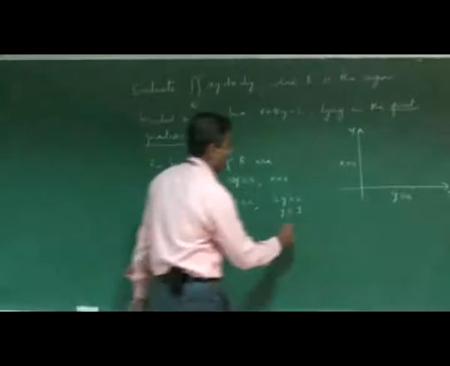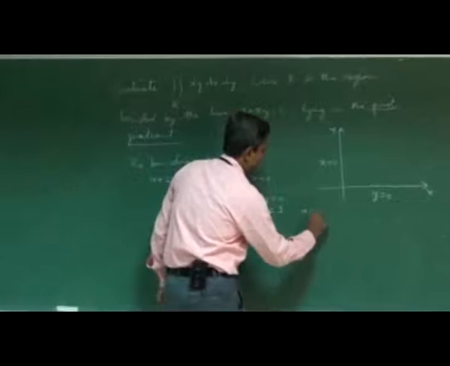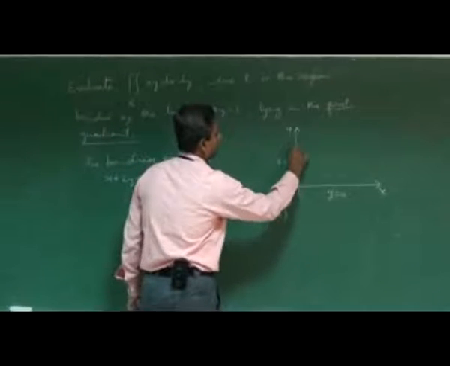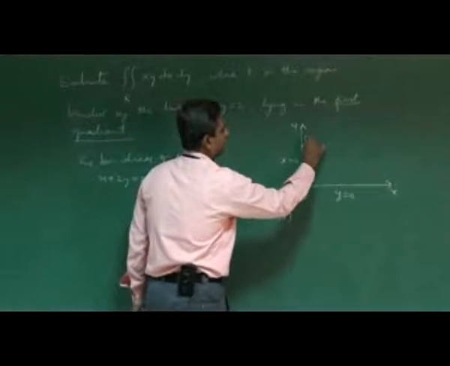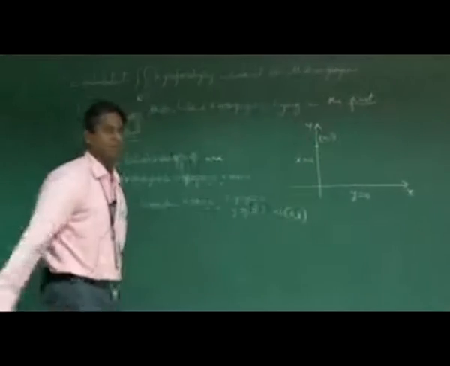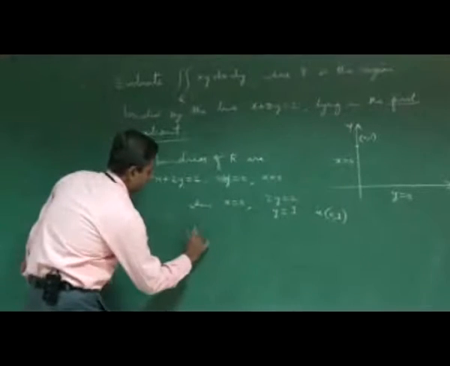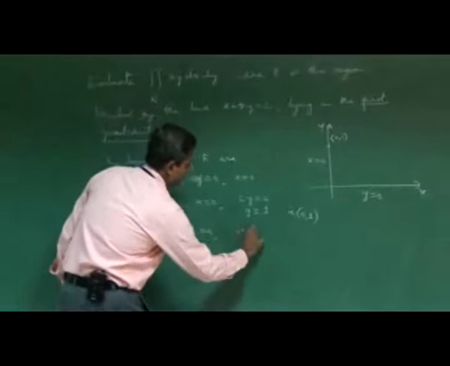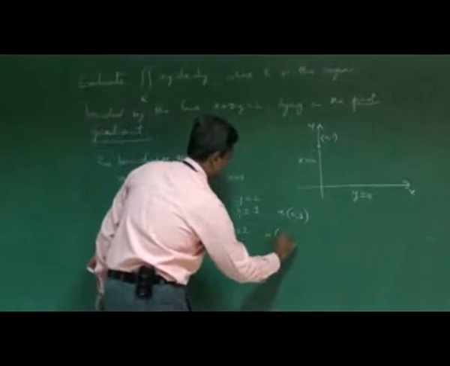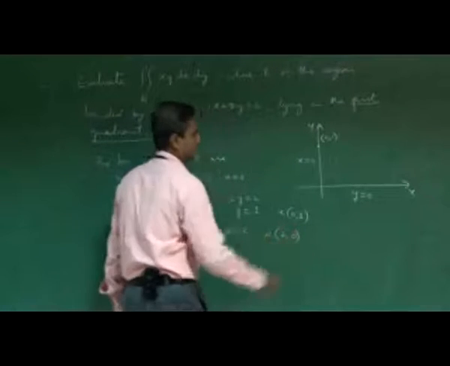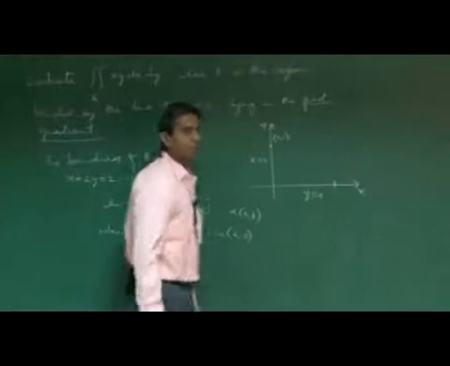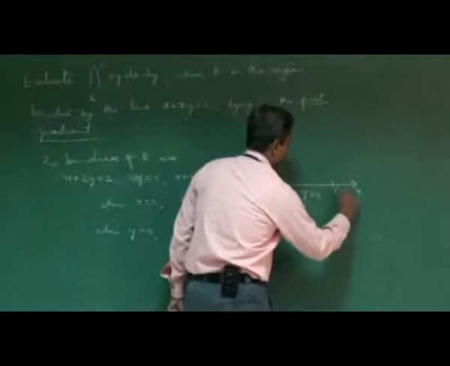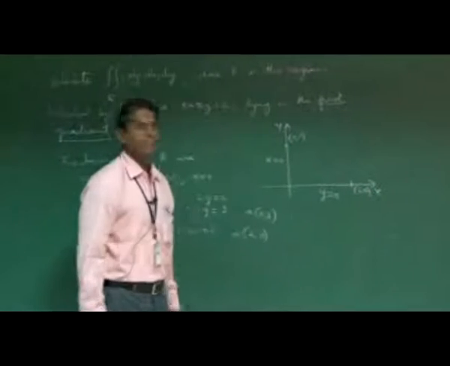So we have the point 0 comma 1, which lies on the y-axis. Then when y equal to 0, we get x equal to 2, that is the point 2 comma 0, which lies on the x-axis.